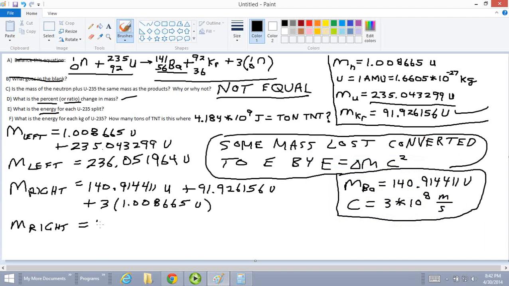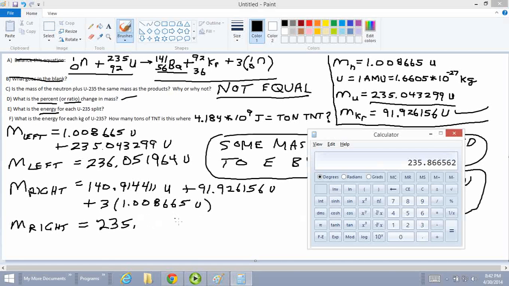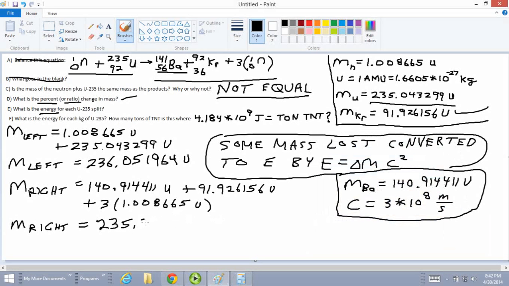So the mass on the right is 235.866562. We lost mass. We went from 236.051964 to 235.866562 AMUs. Delta M would then be the left side mass take away the right side mass.